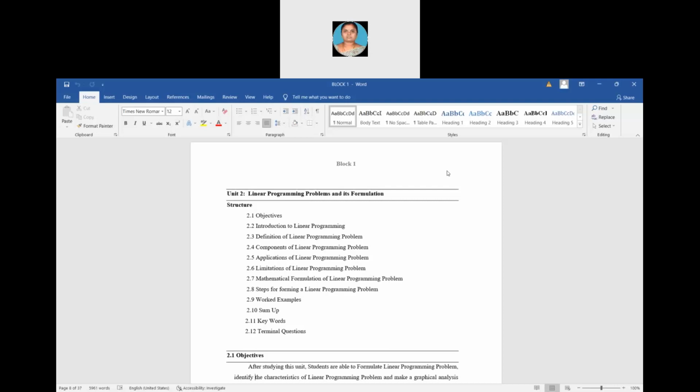So all these things are the thing what we are going to see in the linear programming problem.